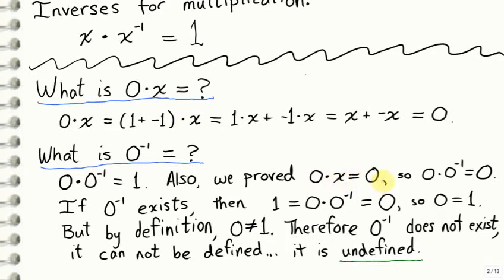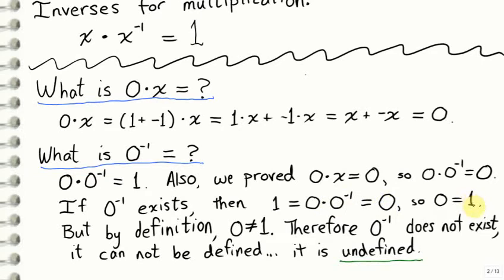So at the same time, we should have 0 times anything, in particular 0 times the multiplicative inverse, also equal 0. So let's put these two things together. If 0 has a multiplicative inverse, then we know that 0 times a multiplicative inverse is equal to 1, but also anything times 0 is 0, which would give us 0 equal to 1.